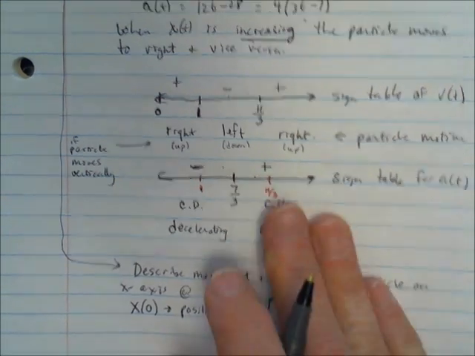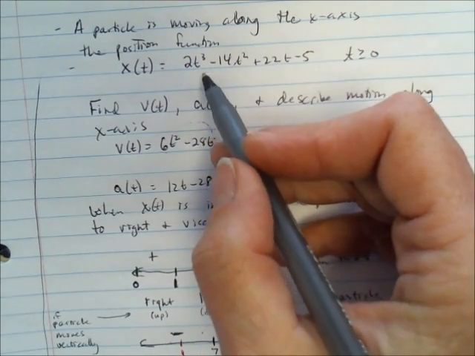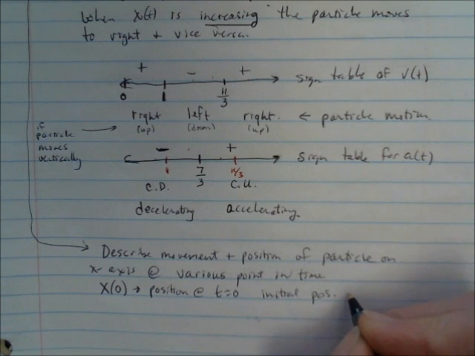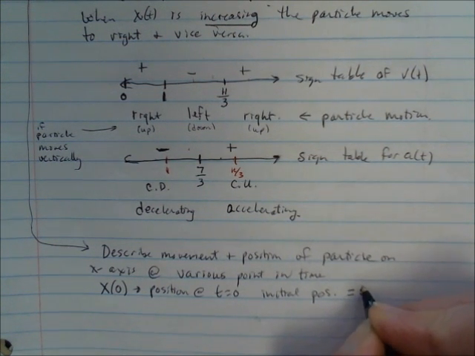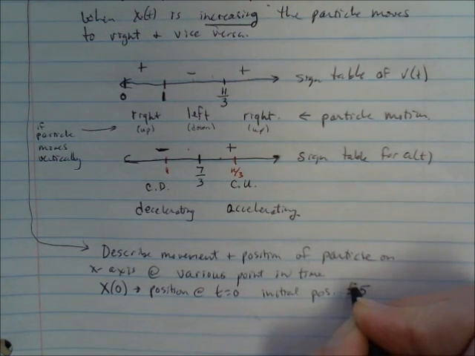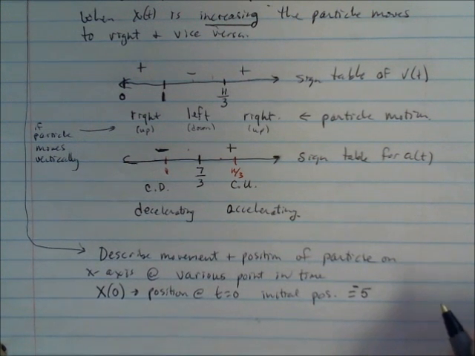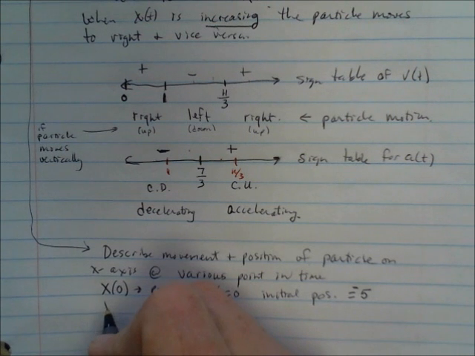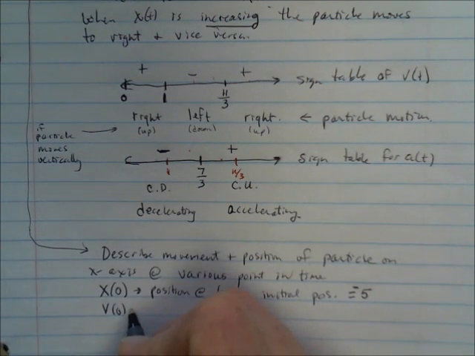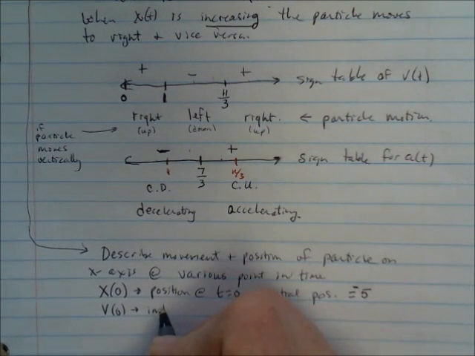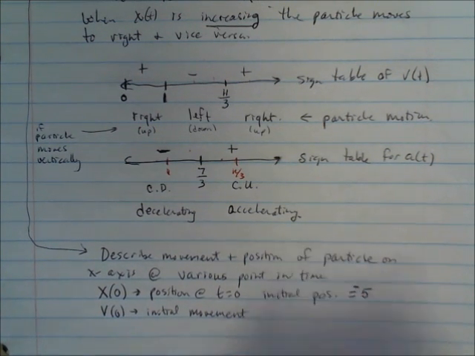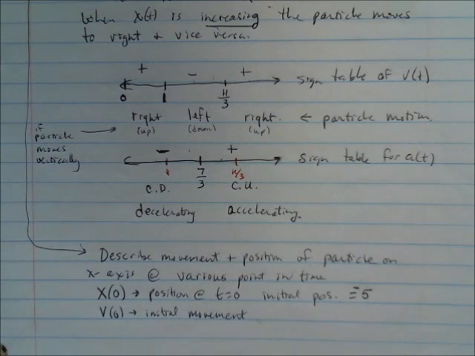And in this case, all you have to do is plug in t equals 0 and get 0 minus 0 plus 0 minus 5. So x of 0 is equal to negative 5. So that's where we're going to start out. And then we're going to describe the movement as it starts out. So v of 0 means the initial movement, and that just means, is it moving to the right or to the left?